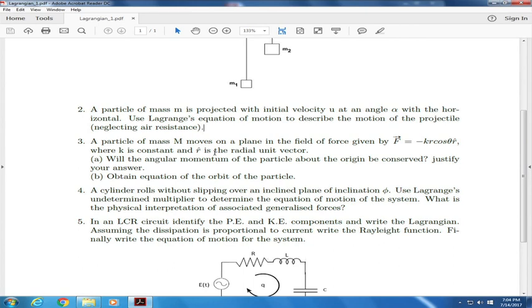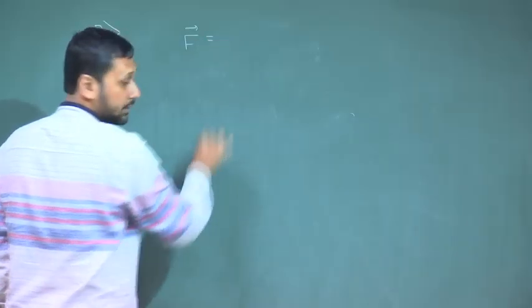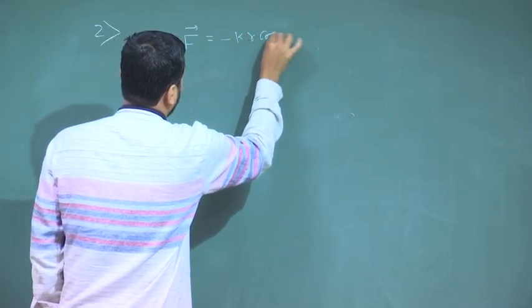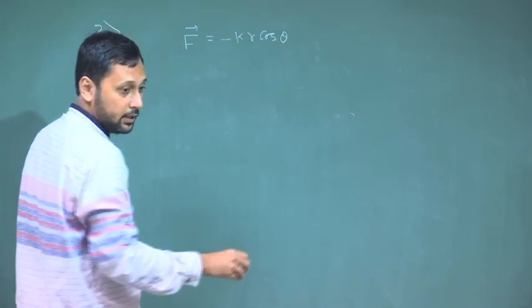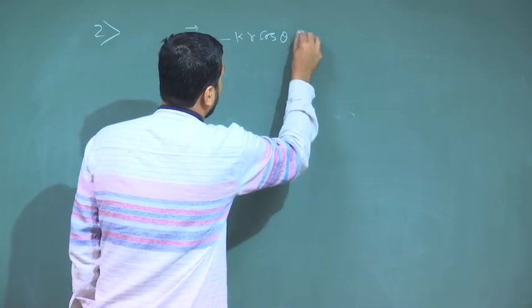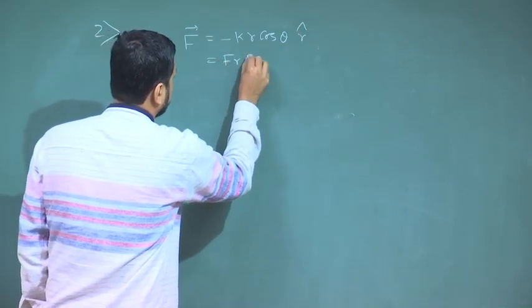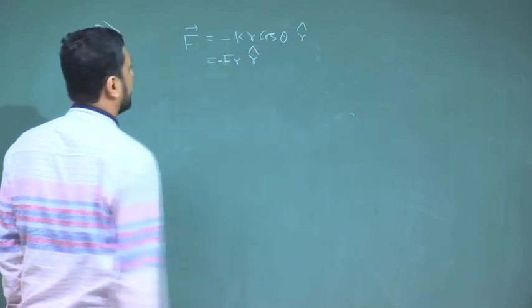Okay. So, we are given a force field F, which is minus k r cos theta r cap. We can write this as F r, or minus F r r cap.